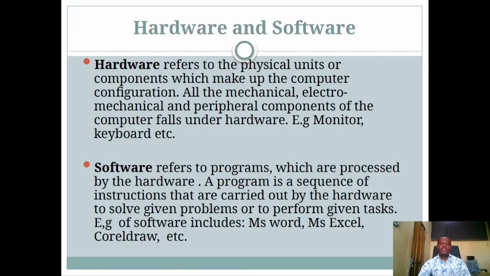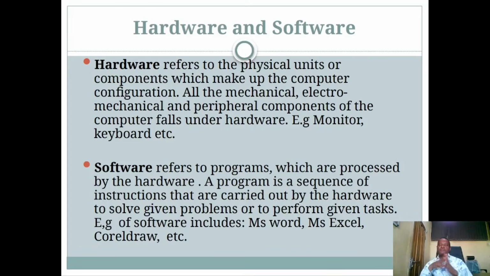Now let's look at software. Software refers to programs which are processed by the hardware. Somebody might ask, what is a program? Now, a program is a sequence of instructions that are carried out by the hardware to solve given problems or to perform given tasks.